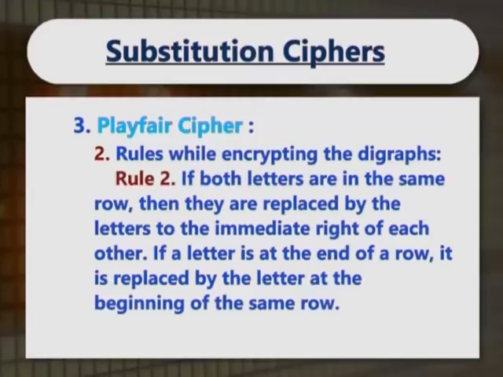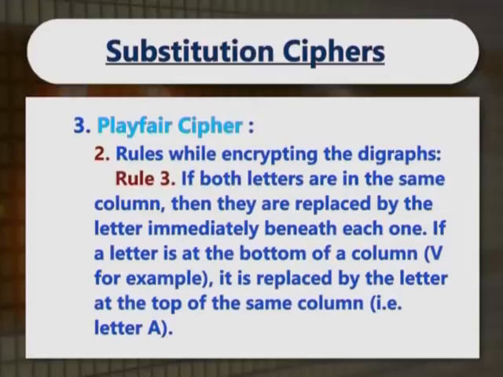If a letter is at the end of a row, F for example, it is replaced by the letter at the beginning of the same row, that is letter L. Next rule is if both letters are in the same column, then they are replaced by the letter immediately beneath each one. If a letter is at the bottom of a column, V for example, it is replaced by the letter at the top of the same column, that is letter A.